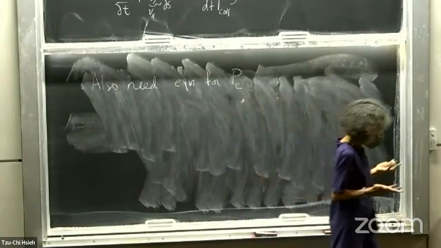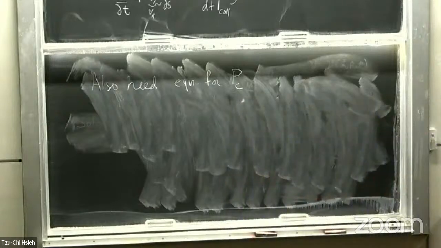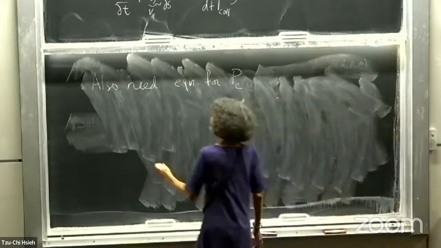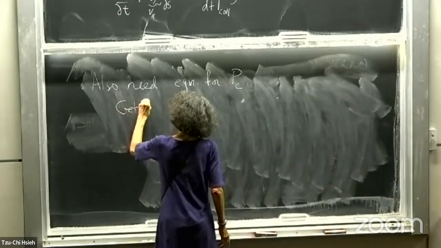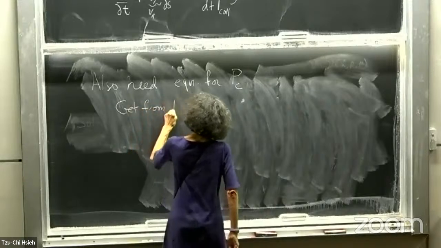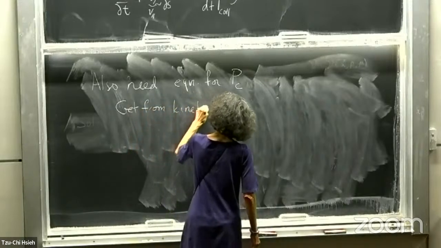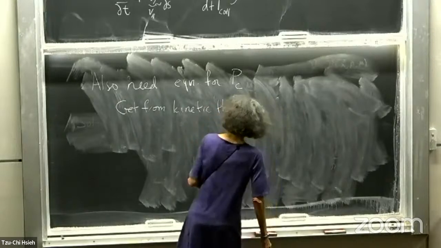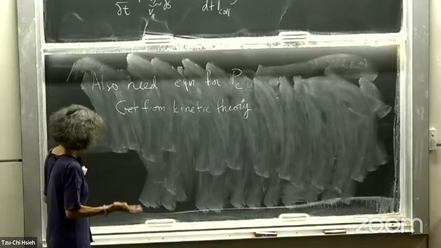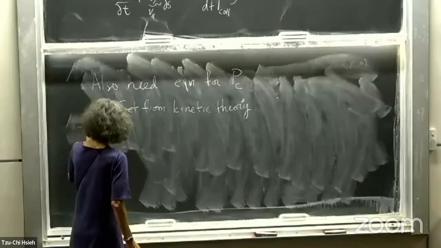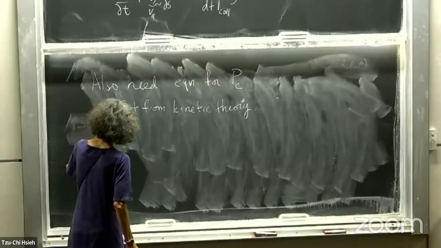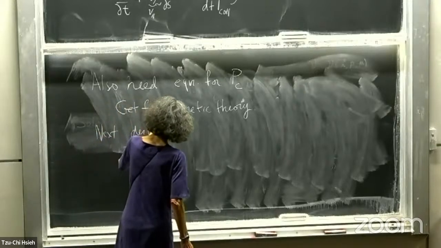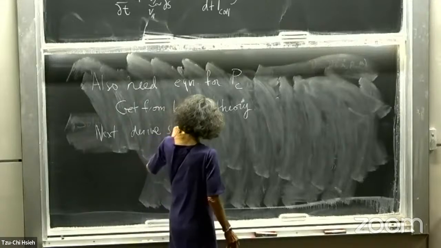So how do we determine P cosmic ray? We're not done with kinetic theory. We're going to get it from kinetic theory. So let's continue with our kinetic theory by deriving a spatial diffusivity.